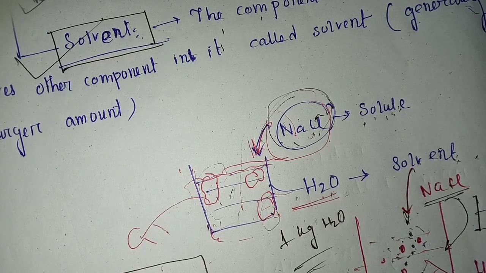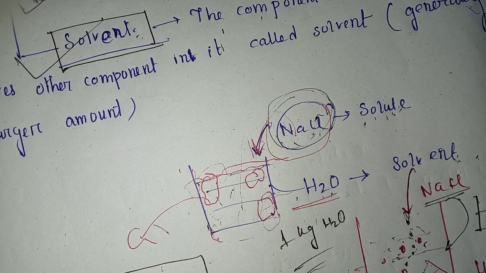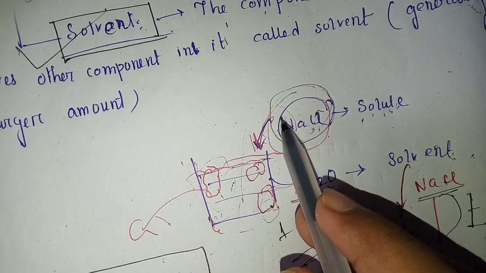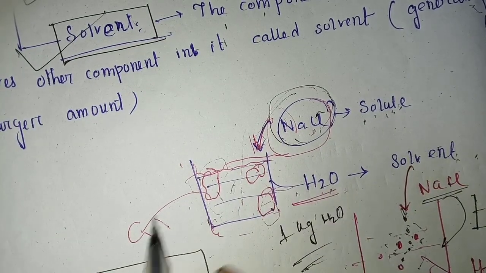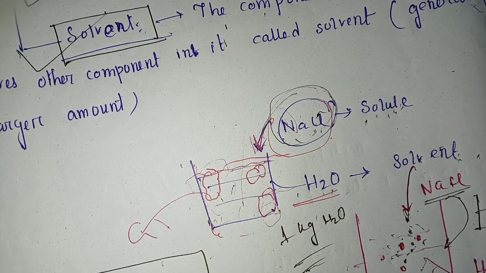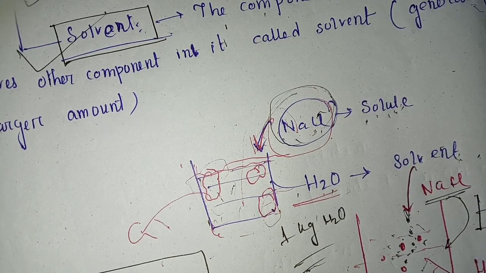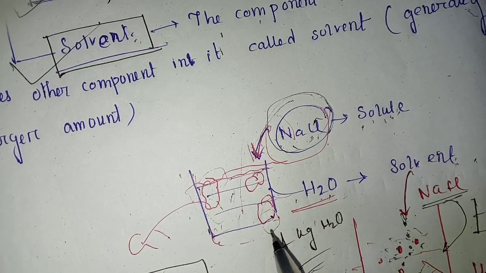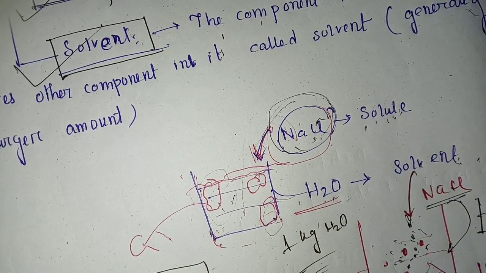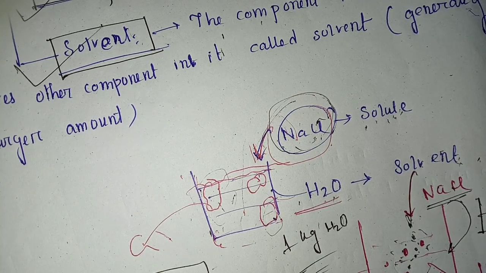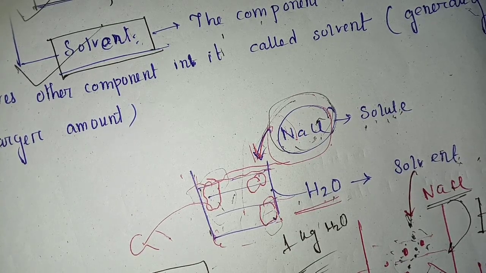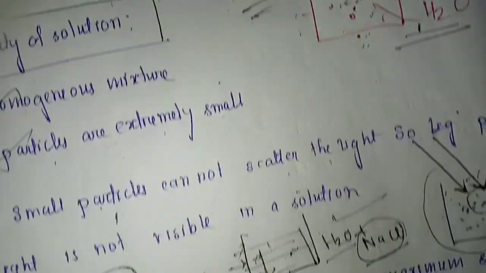It is the maximum limit of solute that I can add to the water. Now if I add 5 gram of NaCl, meaning the maximum limit of solute, then I can call this my saturated solution. And this amount of solute, the maximum limit of NaCl, meaning 5 gram, is known as my solubility. Right? Here is the definition.